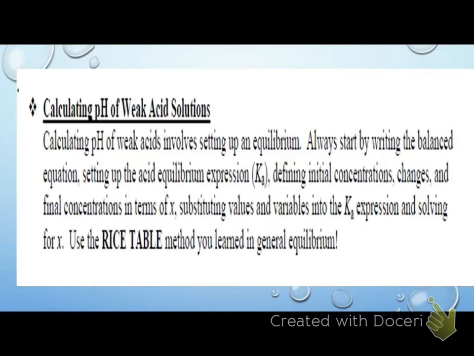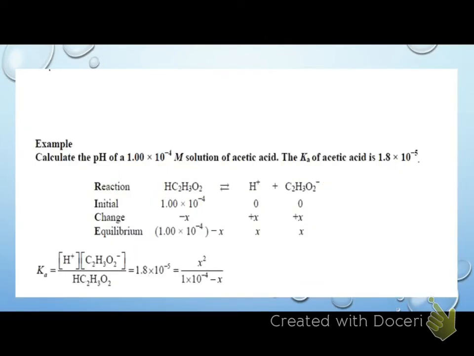Ajay was right. All right, so when we're calculating the pH of weak acid solutions or weak base solutions, it works both ways, we're going to need to use our Ka and Kb values, and we're going to use the rice table. Yay, I know you're so excited. Okay, so here's an example of a weak acid, acetic acid.